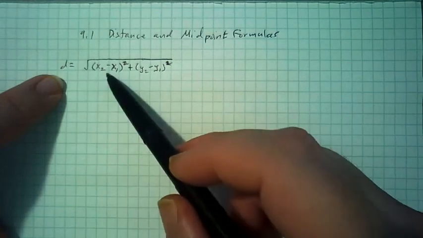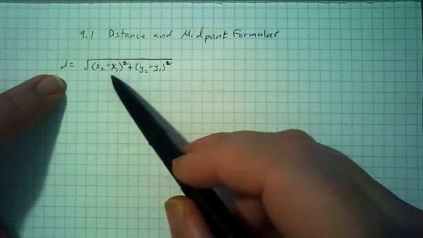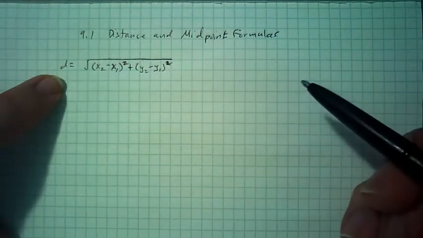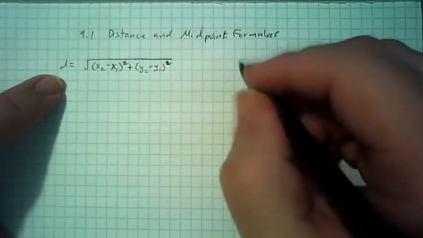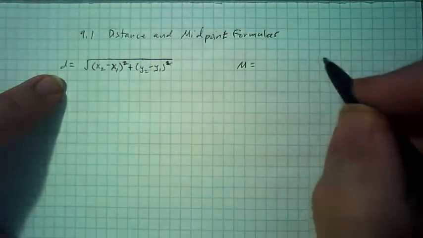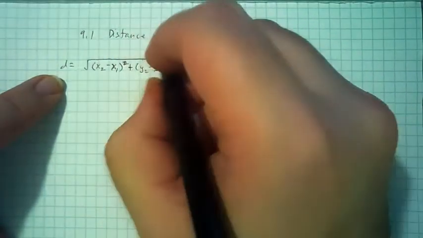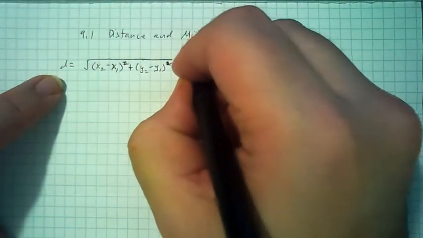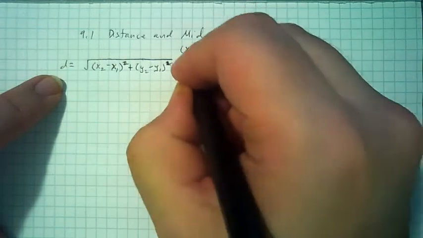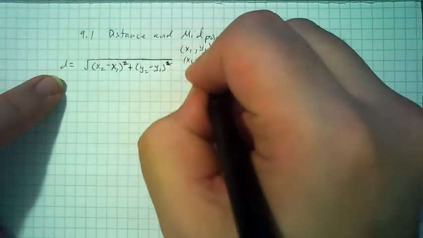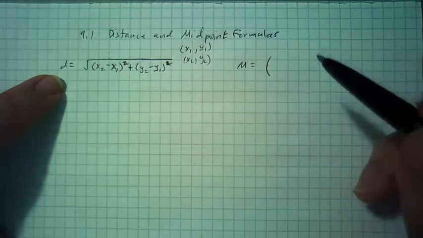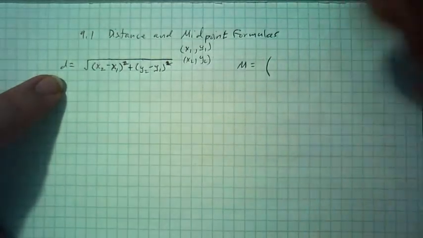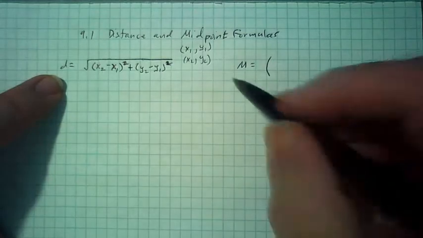So the square root of the square of x2 minus x1 plus the square of y2 minus y1. The midpoint formula finds the midpoint between two points. In this case, the two points that we're talking about for both of these examples are x1, y1 and x2, y2. In the midpoint formula, the easiest way to remember it is to remember that halfway between any two numbers is the average, the mean of those two numbers.